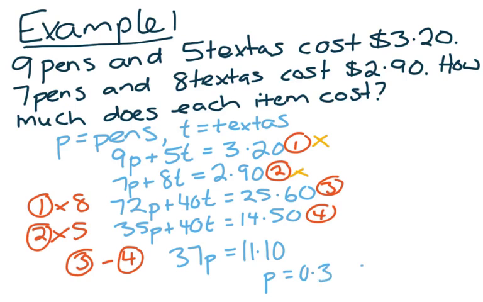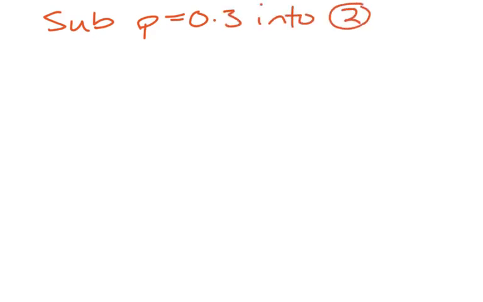Now I'm just going to continue over the page. So if p equals 30 cents, what we're going to do now is substitute p equals 0.3 into one of the equations. We'll go into equation 2 this time.